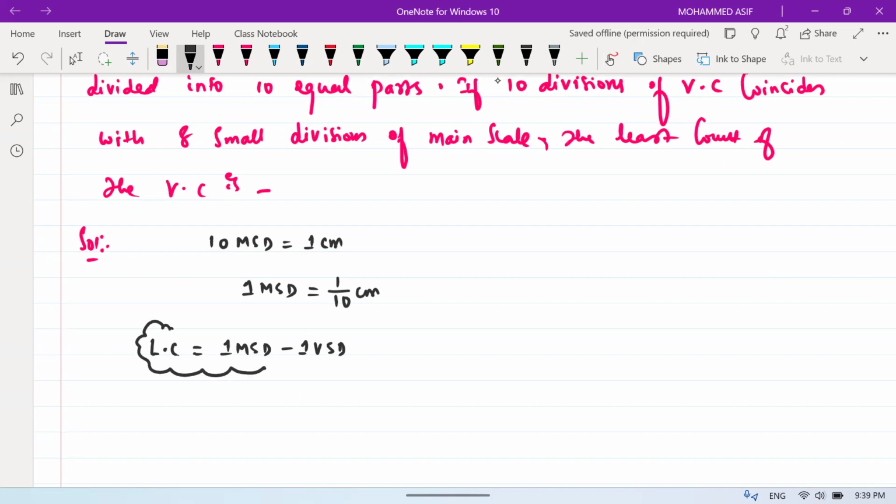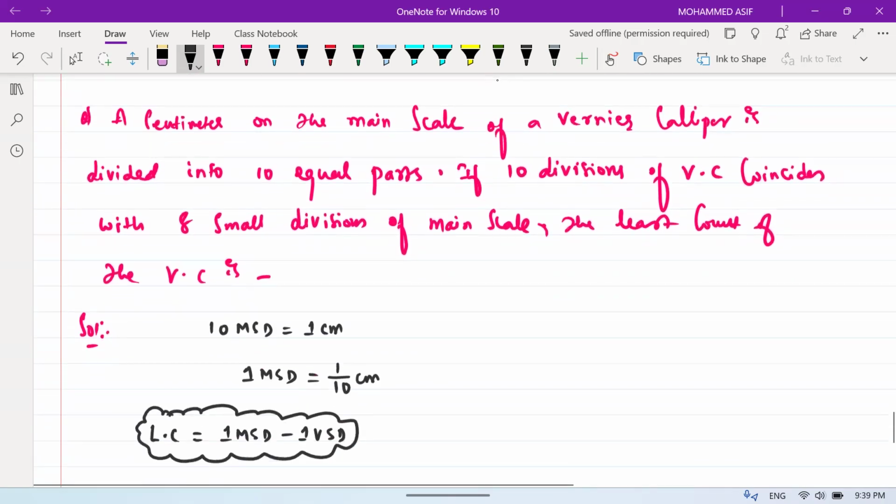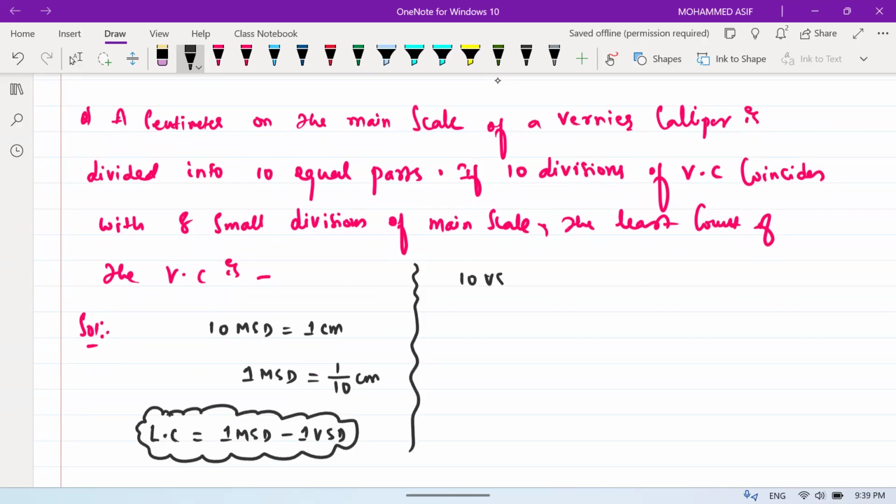What is the other data given in the problem? 10 divisions of your vernier scale, that is 10 VSD, is equal to 8 main scale divisions. That means 1 VSD will be equal to 8 by 10 MSD. That means this value will be equal to 4 by 5 main scale division.